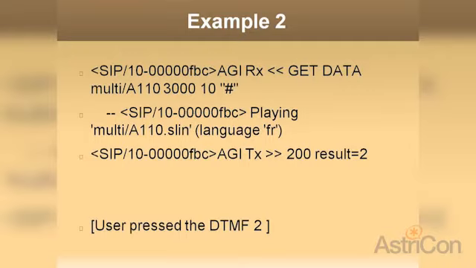Which means the file A1110 resides in /var/lib/asterisk/sounds/en for English. The 3000 right after is the timeout in milliseconds. The 10 is the number of digits that you want to read up to. And the pound at the end is the escape digit, so you can escape with the pound.